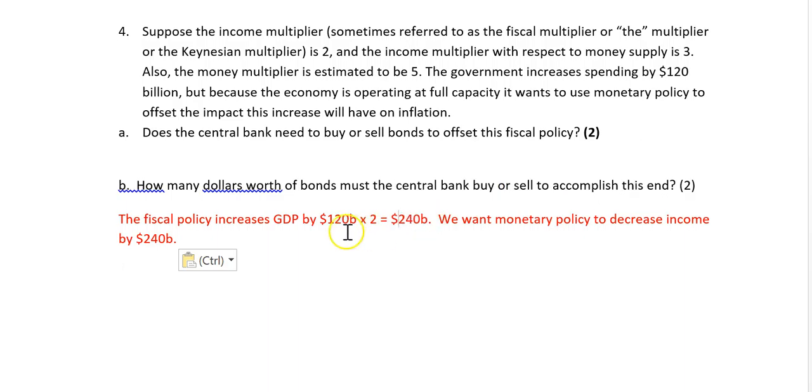How did I come up with 240 billion? We know the fiscal multiplier is 2, and we know the government increased spending by 120 billion. So we take 120 billion times 2. That's how much the aggregate demand curve has shifted to the right, which means that's how much it has to shift to the left to offset this with monetary policy.